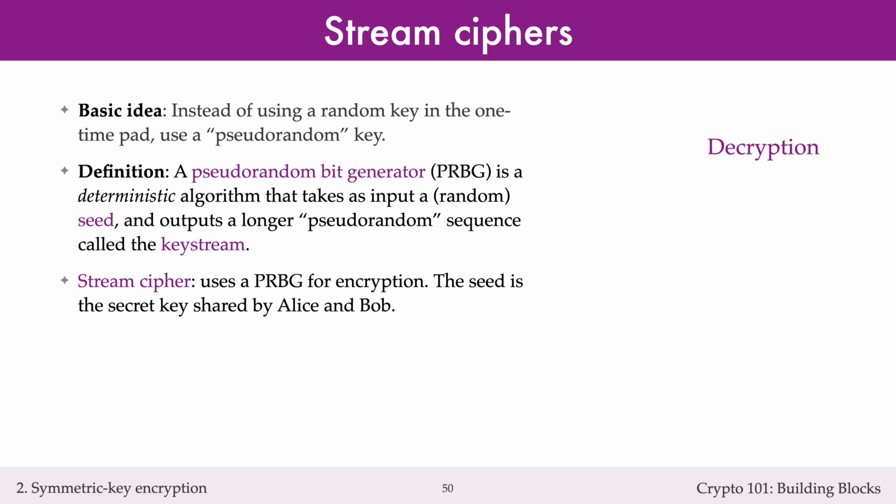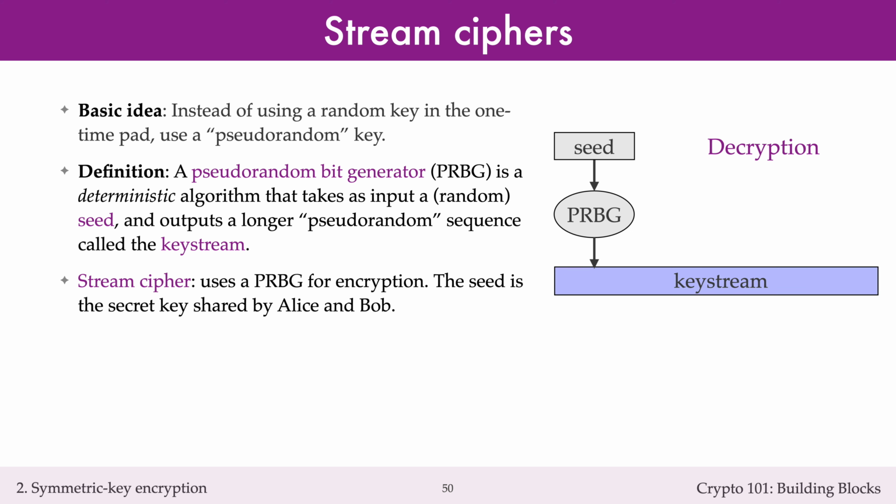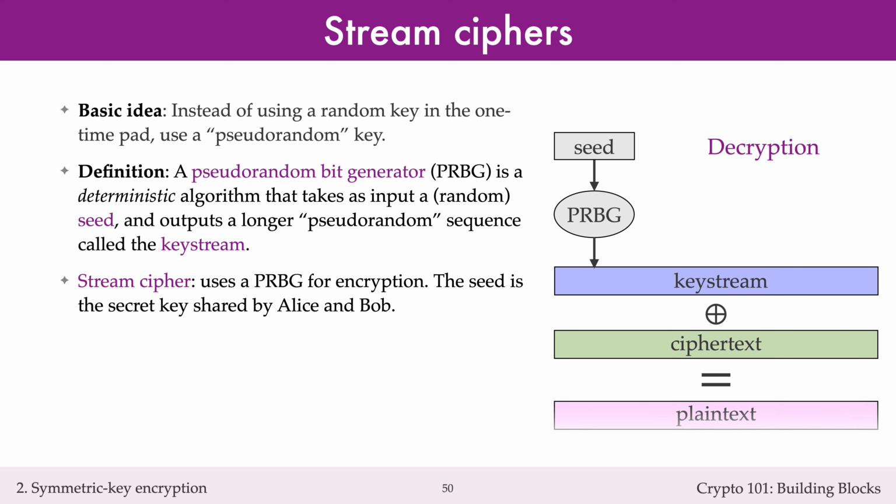When Bob receives a ciphertext, he generates the keystream by passing the secret seed through the pseudorandom bit generator. And then he adds the keystream bits to the ciphertext bits to recover the plaintext bits. So a stream cipher emulates a one-time pad in the sense that the encryption and decryption processes are similar to the one-time pad, except that the keystream is a pseudorandom bit string instead of a purely random bit string.